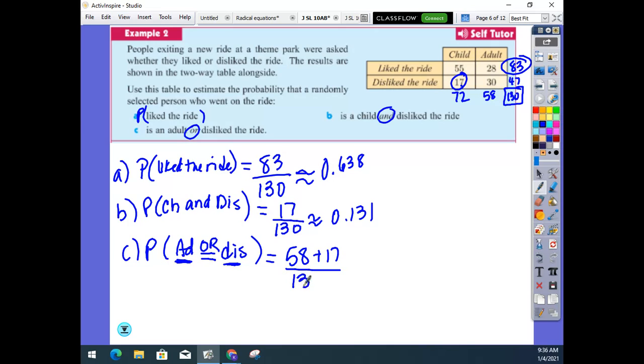Out of the total, 130. So then we're going to add these up. So typically when you see the word or, you're going to add them together. So we have 75 out of 130, which is approximately, and that's the end of the notes.